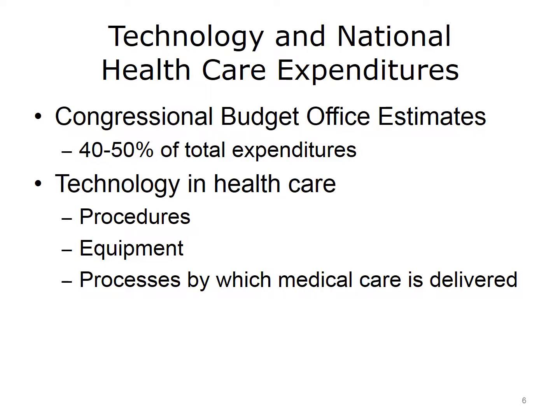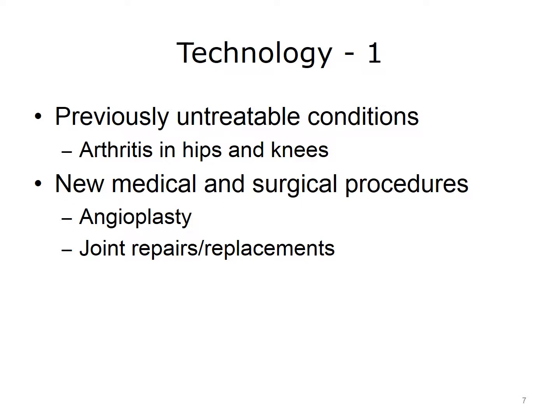The CBO refers to technology in healthcare as the procedures, equipment, and processes used in the delivery of healthcare services. Over the years, technology has led to advances in medicine that have prolonged the life expectancy of the average person.